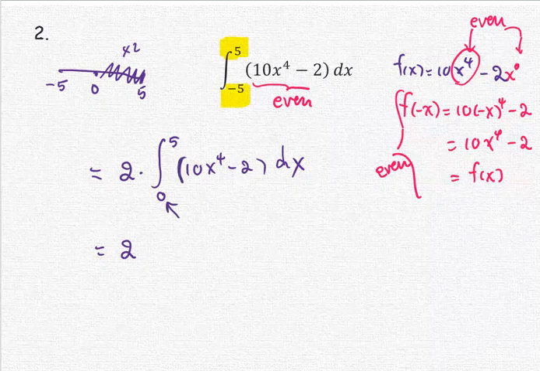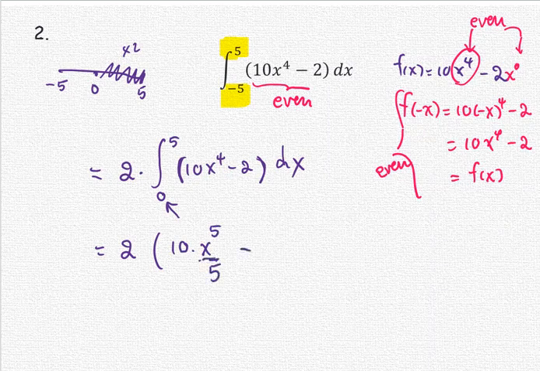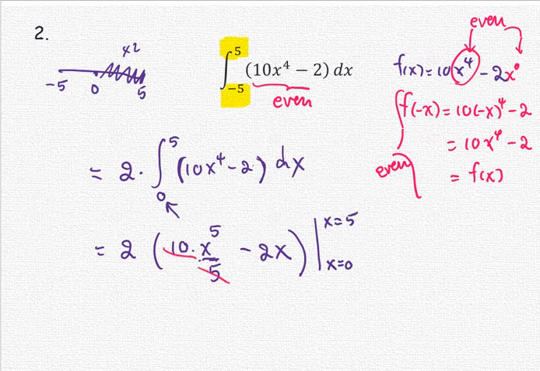So we have 10x to the fourth minus 2. The antiderivative is 10 multiplied by x to the fifth over 5, minus 2x, since the antiderivative of 2 is 2x. Then evaluate from x equals 0 to x equals 5. Simplify the 5 and 10, reduce to 2.